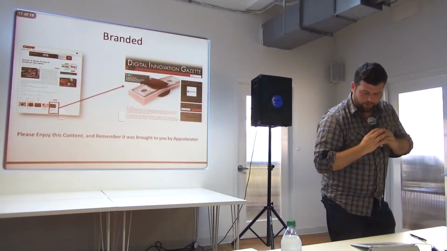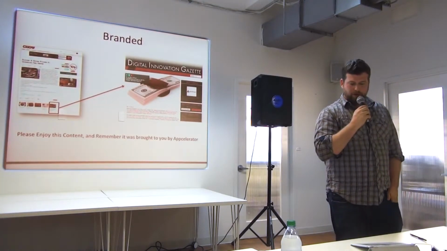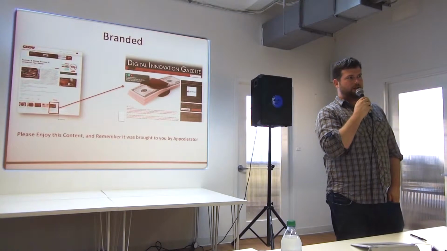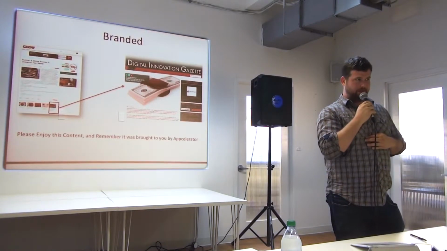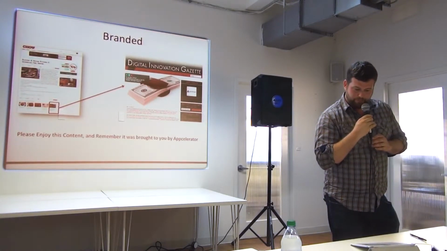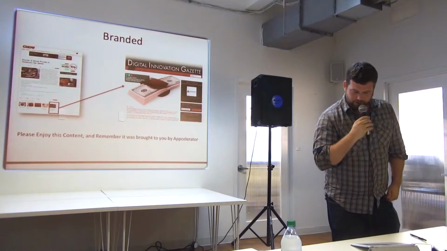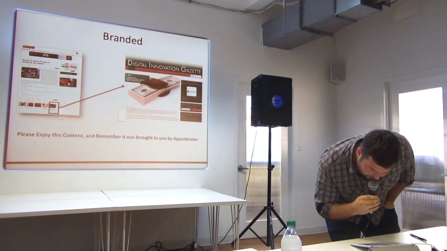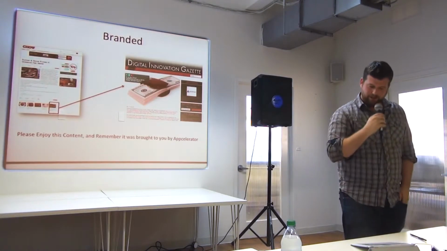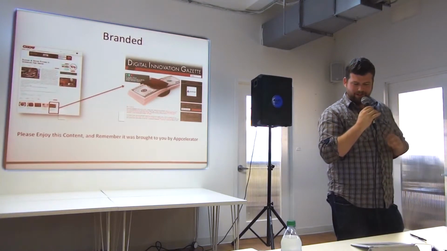Branded content is when a brand will pay to have content created around a particular idea or topic area that they want to be thought leaders in. In this case, something called Appcelerator is sponsoring content on near field communications and driving traffic to that.